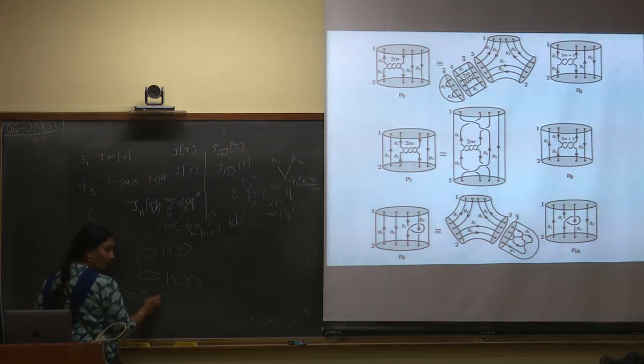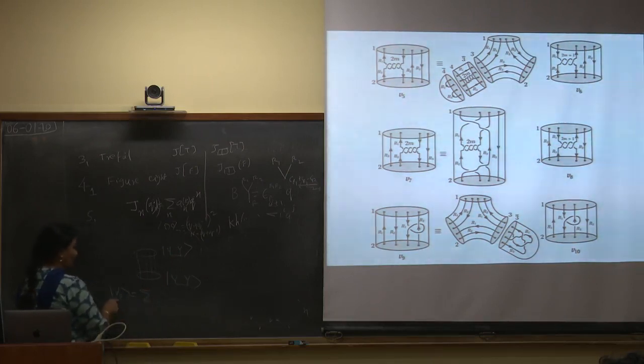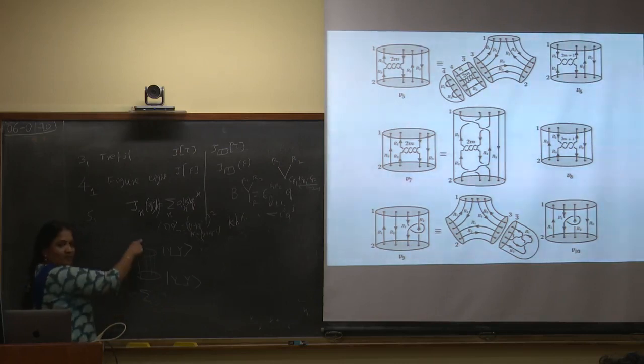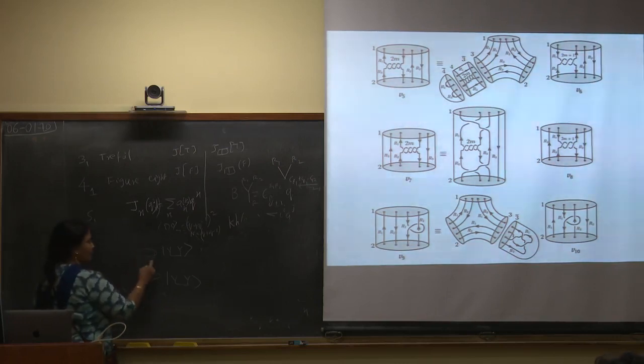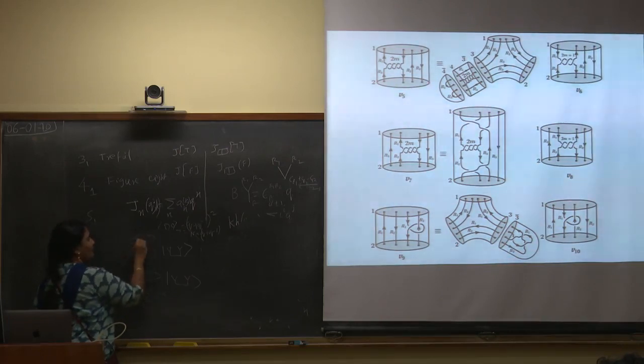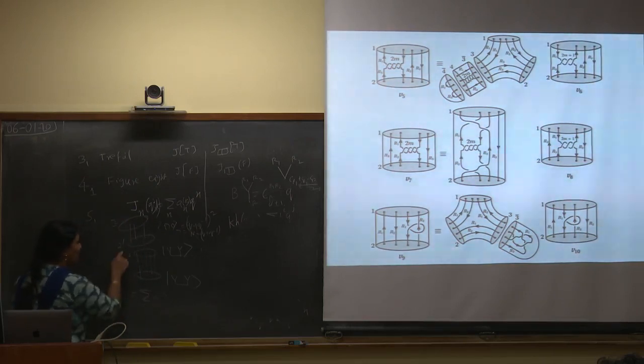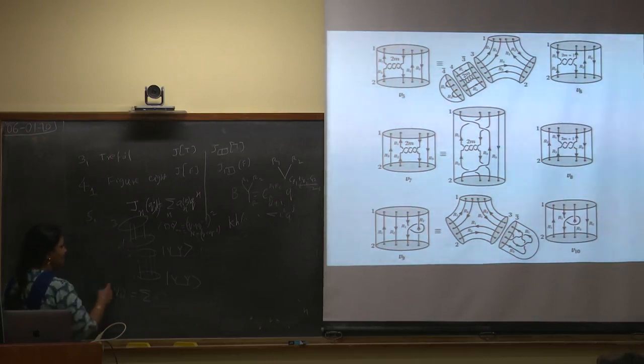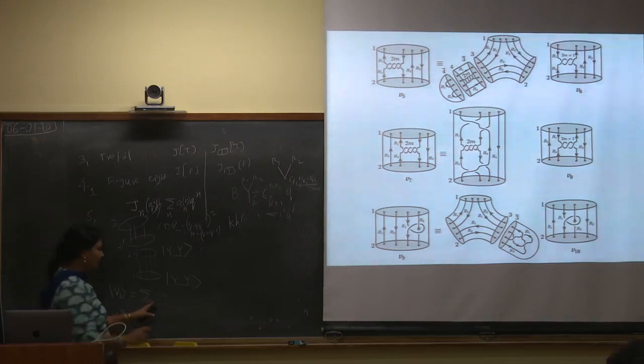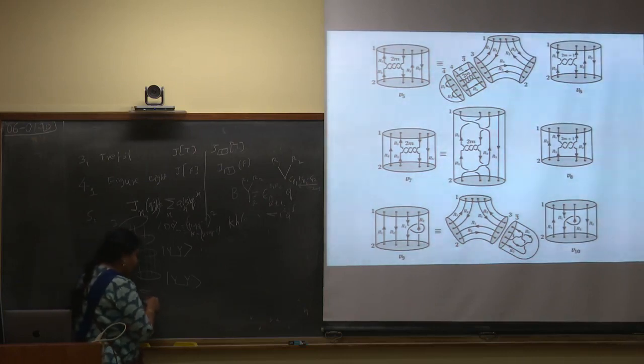I will write it with some coefficient, and the coefficient should be such that if I do nu2 and take another nu2 on it, this is boundary 1, boundary 2, and I will have a boundary 2 prime with which you have to take an inner product, and then have this with 3, and you should get back this with nu2. When you do it with an appropriate inner product, you have to get the state which is as if it is nu2 with boundary 1 and boundary 3. That will decide what this coefficient is, and that coefficient will turn out to be 1. That is the only option I have.